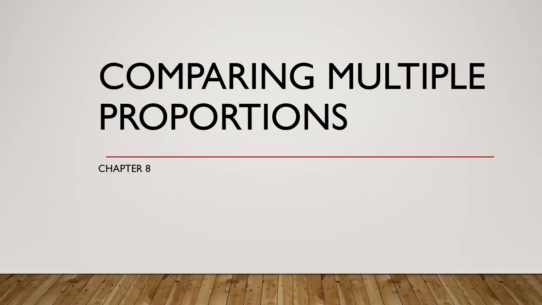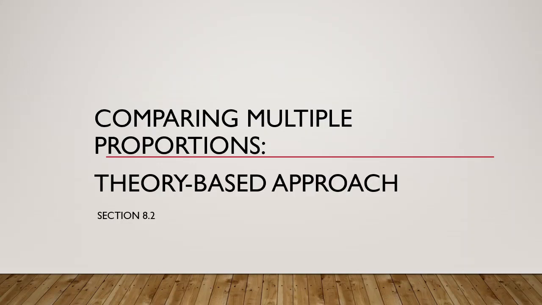So when we're comparing multiple proportions with a theory-based approach, we're going to be using some similar ideas to what we did with the simulation-based approach, but there'll be some subtle differences.